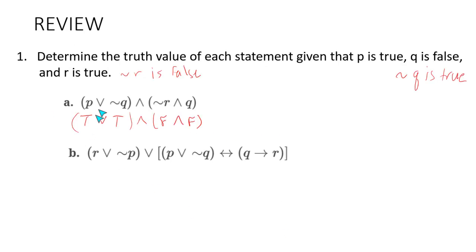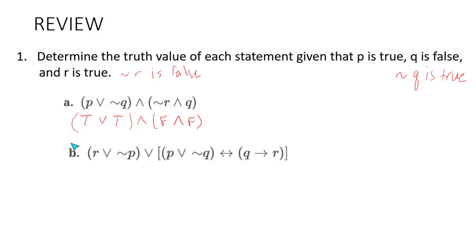Here I have P is true. Negation of Q: if Q is false, then the negation of that is going to be true. So I have P is true, the negation of Q is true. And then I have the negation of R. If R is true, then the negation of R is false. So I put false, and then Q is false, so I put false. Now I can evaluate this.